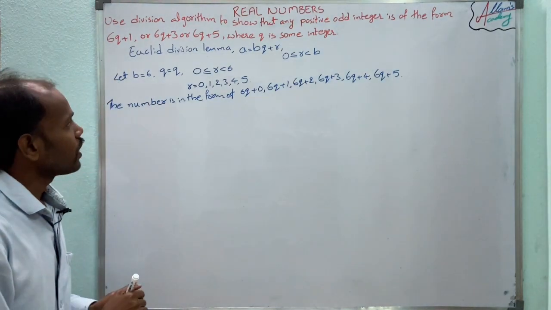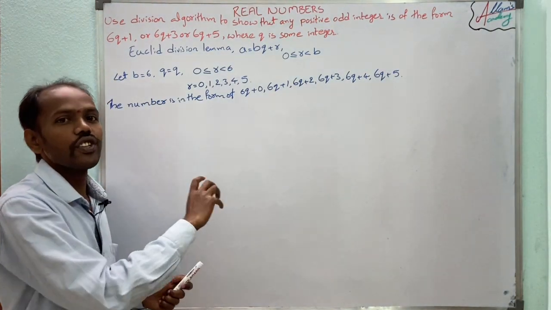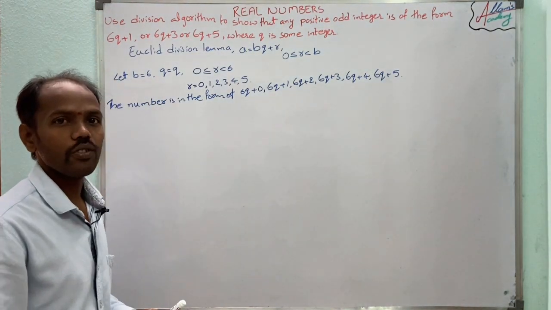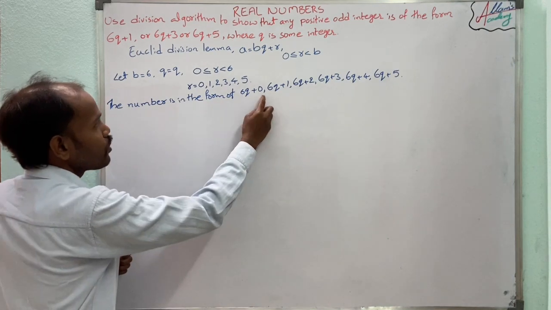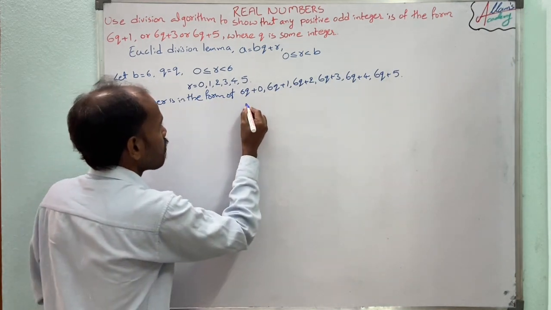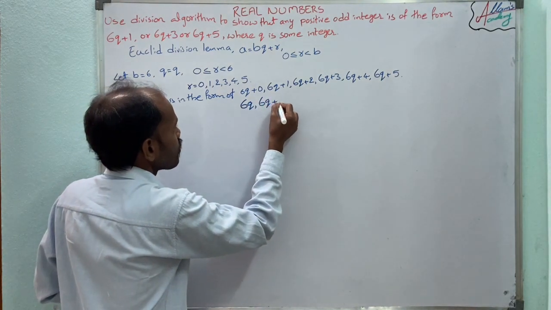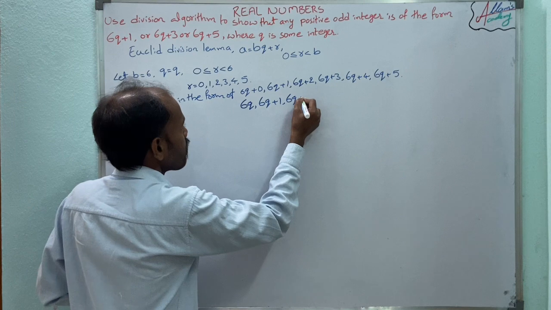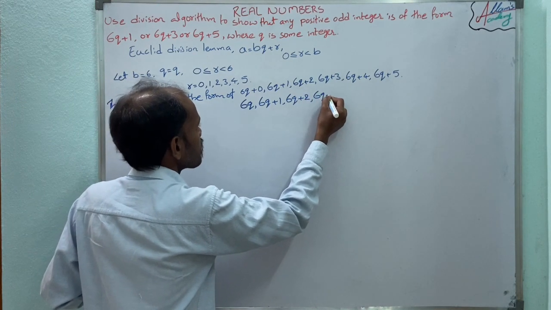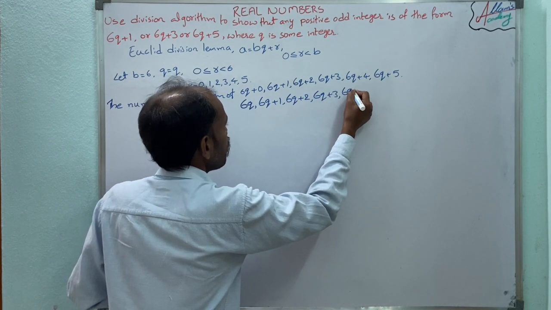Any number added with 0 gives that number only, we already know. So 6q plus 0 is nothing but 6q. So 6q, 6q plus 1, 6q plus 2, 6q plus 3, 6q plus 4, 6q plus 5.